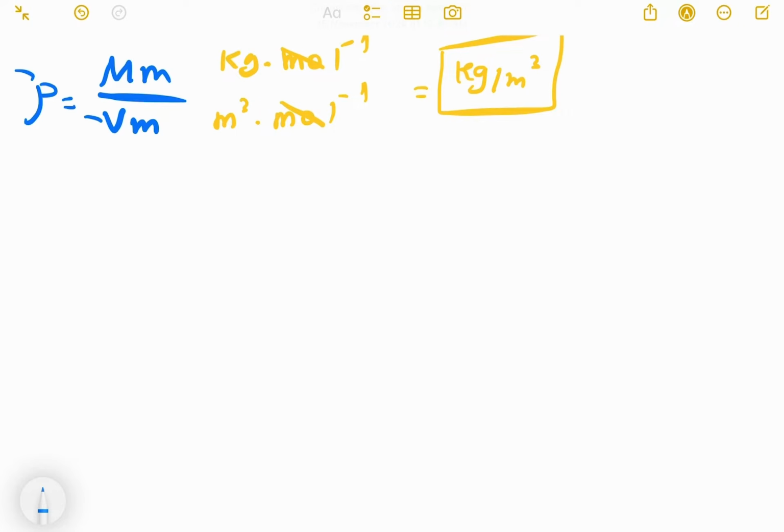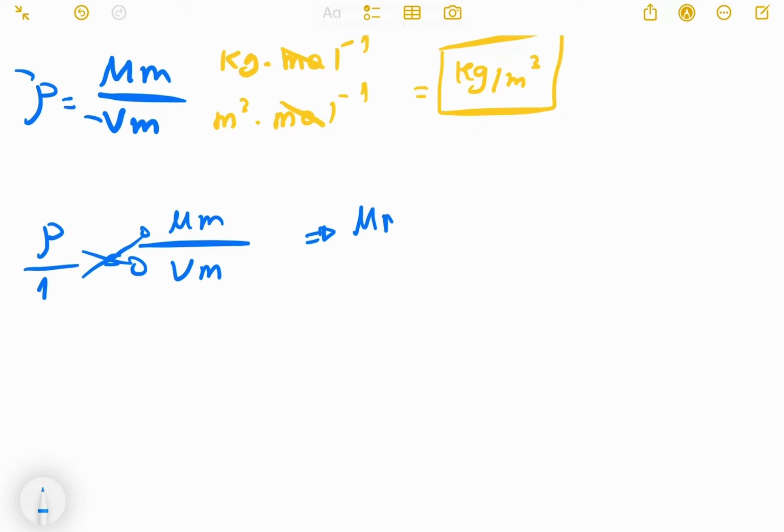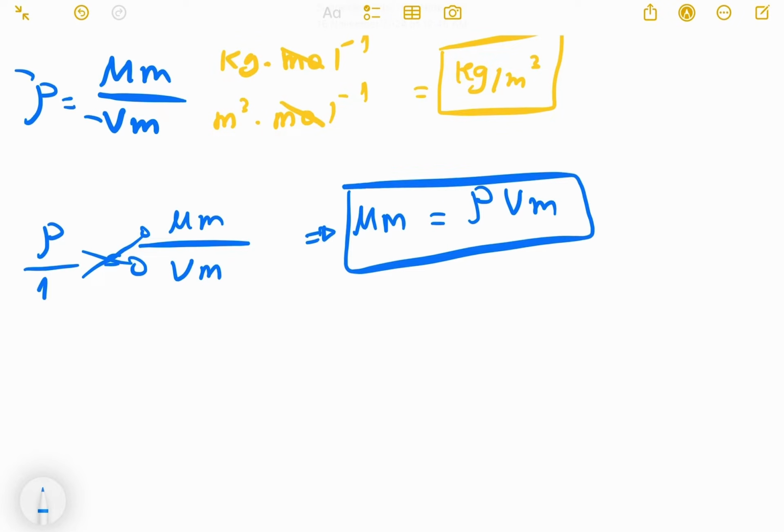You can say there is 1 beneath density, then molar mass over molar volume. Multiply this by this one, and this one by this one. You get molar mass multiplied by 1 is molar mass, equal to density multiplied by molar volume. So this is when you want to find molar mass.